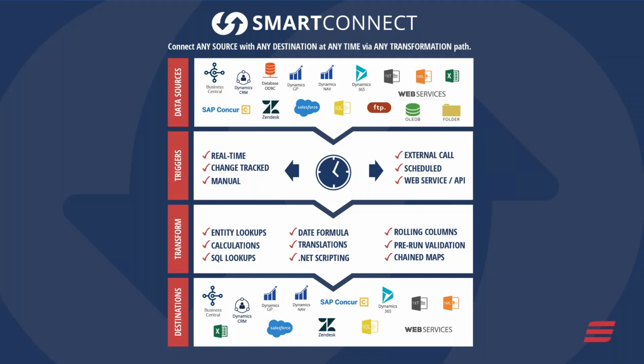Even Extender is one that we see often. Extender allows you to customize your GP by adding windows without needing a developer. That's another tool we developed here at E1 Solutions, where you're able to capture any data sitting outside of GP. You can use Extender as a data source or a destination with SmartConnect.